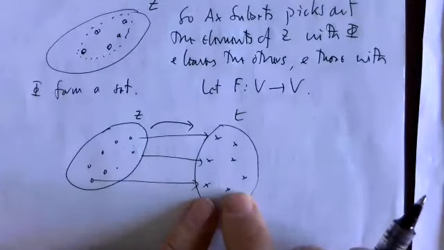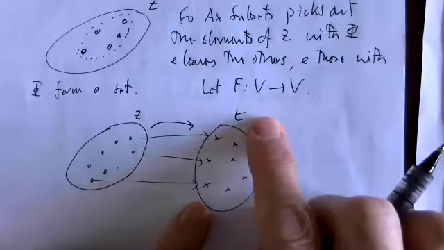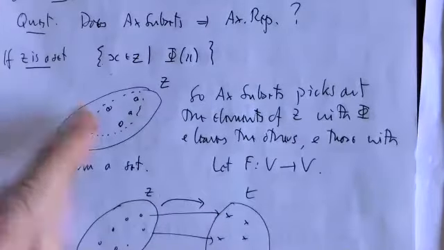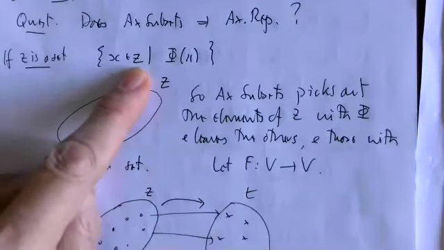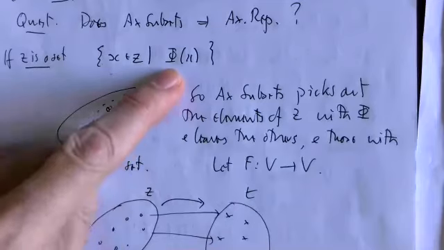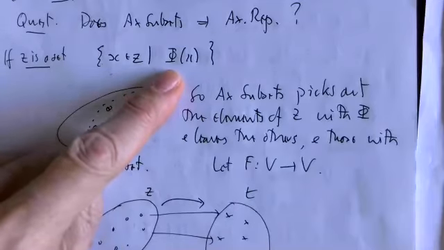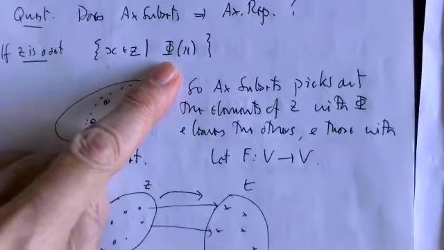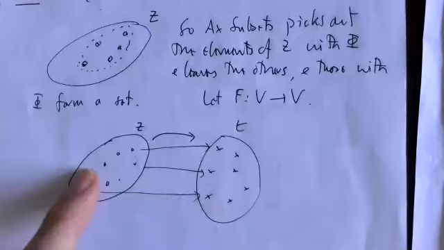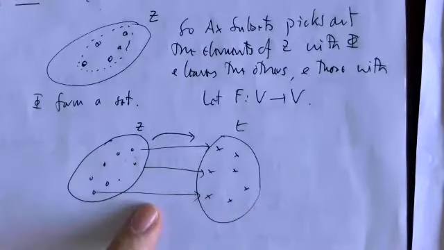I could say, I'll pick out the y's in T such that y comes from f of something in Z. And that would be a perfectly good way of applying the axiom of subsets to deduce that there is a set which is the range of f.